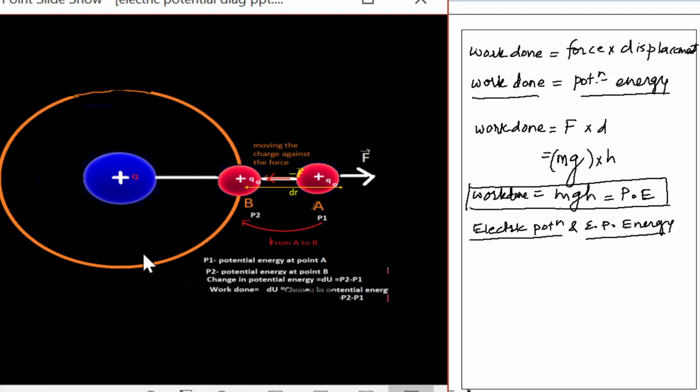Let us consider the charge Q, capital Q, and around it the electric field is there.